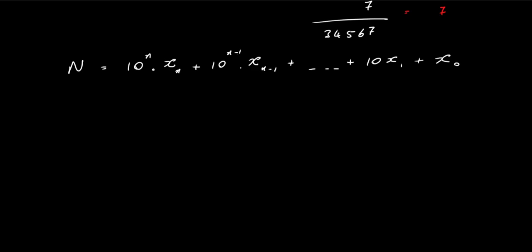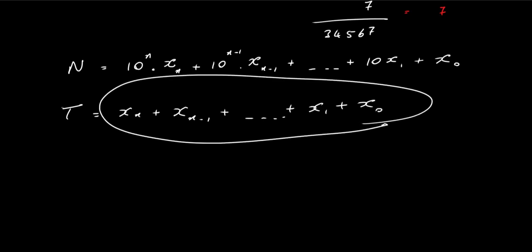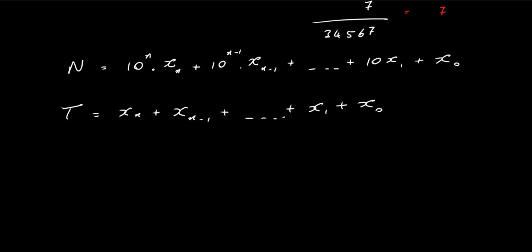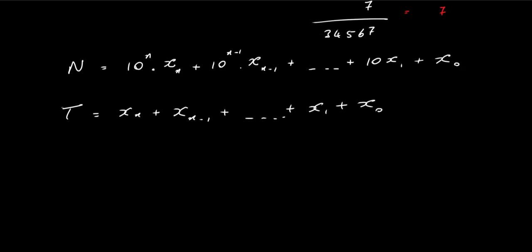Our test number, we'll call it t, is xn plus xn minus 1 plus xn minus 2, and so on, all the way down to x1 plus x0. So if we add these up and the result is divisible by 3 or 9, then the original number will be divisible by 3 or 9.